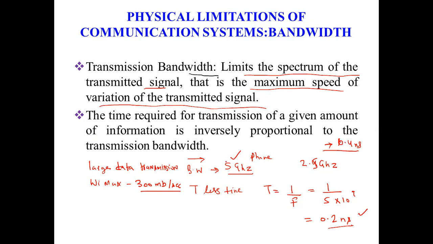I have explained this mathematically. The time required for transmission of a given amount of information is inversely proportional to the transmission bandwidth. Here, time is equal to 1 by bandwidth. So if the bandwidth increases, time will decrease.